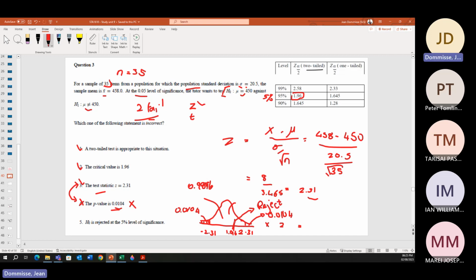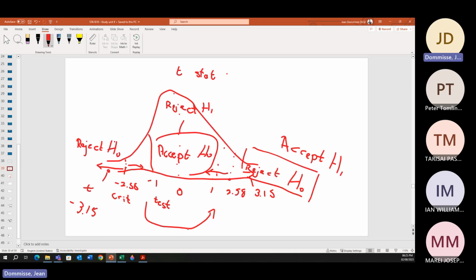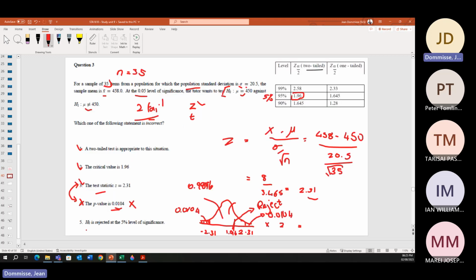If it was to the left of that, we will accept. So to that side, reject. To the inside, accept. So at the null hypothesis, we reject at that level. It is to the outside of it, so we reject the null hypothesis.